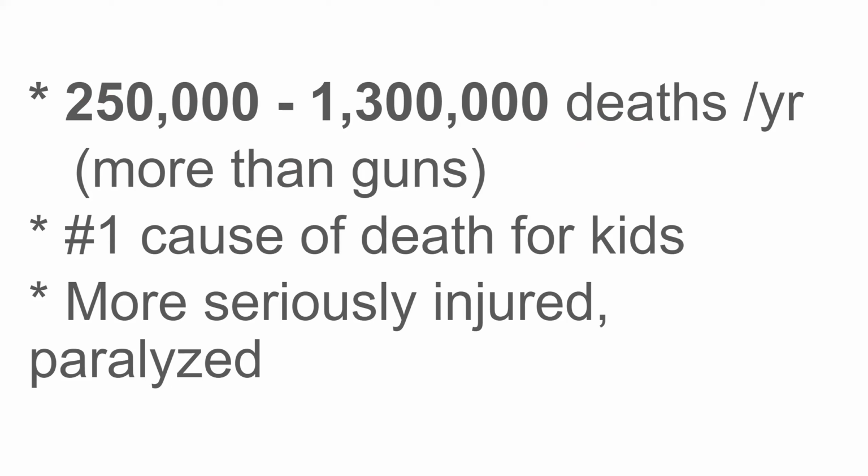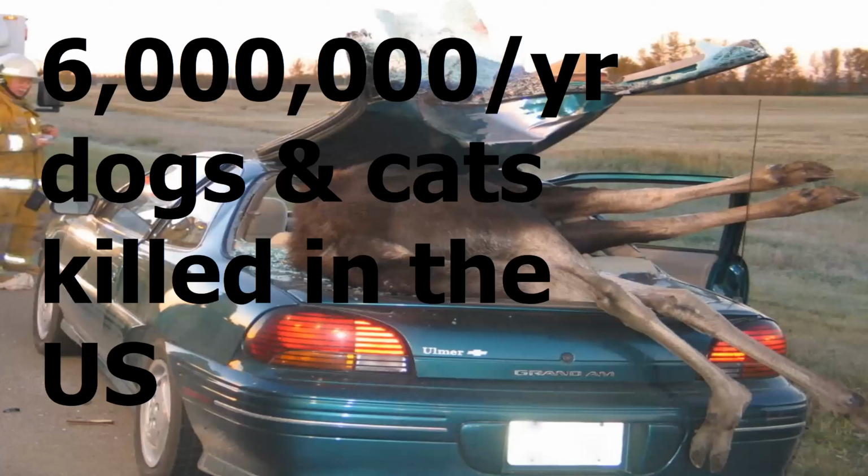And it's actually the number one cause of death for kids and children. And many more are seriously injured and are paralyzed. Everyone thinks cars are great and everybody wants to have a car, but actually it kills so many people. It also kills 6 million dogs and cats a year.